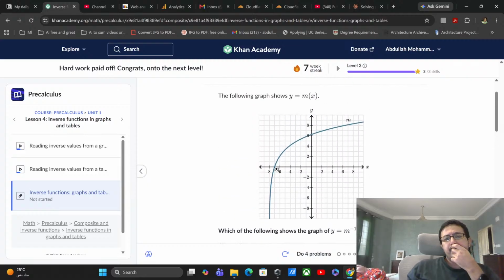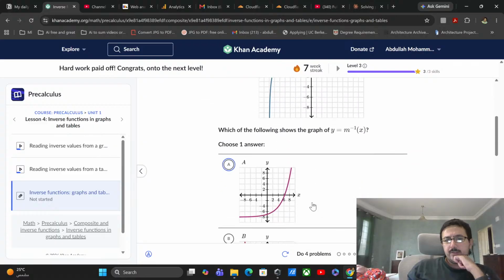Now, at -7, we got 0, which tells us that at 0, we get -7 here. So yeah, it's going to be here. So it must go through 7.